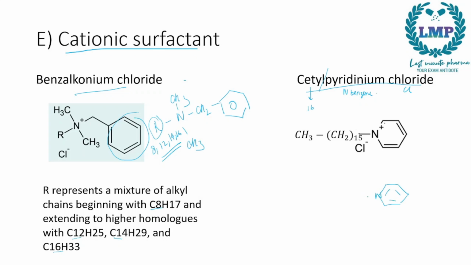Attached to this is a 16 carbon chain along with the, now since there are 1, 2, 3, 4 bonds here, we will give a positive charge to the nitrogen and Cl minus. So this will give you your cetyl pyridinium chloride.